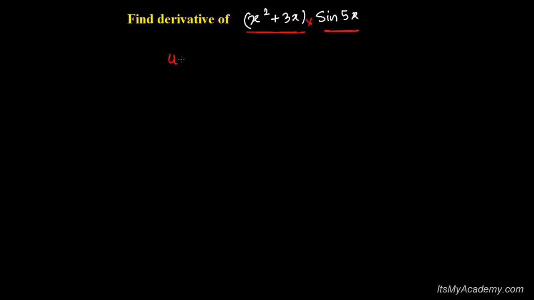A product rule is something like this: if you are going to find the derivative of the product of two functions, where u represents one function and v represents another, then the derivative of u times v with respect to x will be the first function times the derivative of the second function, plus the second function times the derivative of the first function.